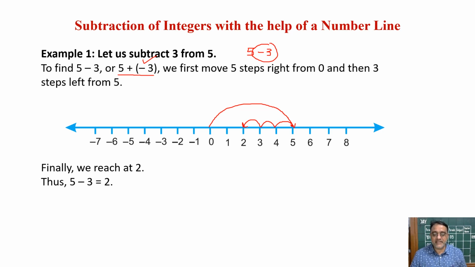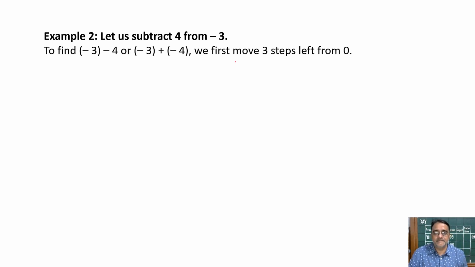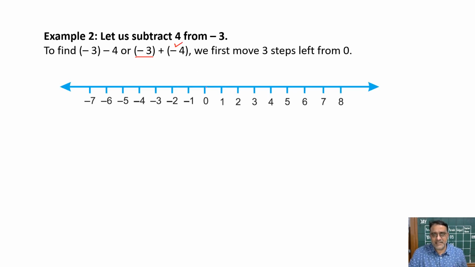Okay, we'll see one more example. Let us subtract 4 from -3. हम लोग देखो ये दोनों एग्जाम्पल में पॉजिटिव इंटीजर को सब्ट्रैक्ट कर रहे हैं. सो -3 minus 4, we can write -3 plus -4. So first we will move to -3, then we have to add -4 to the -3. चलो -3 पे आ रहे हैं हम लोग.